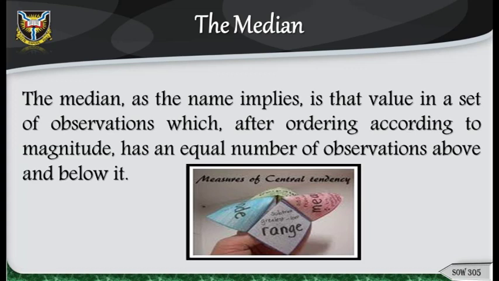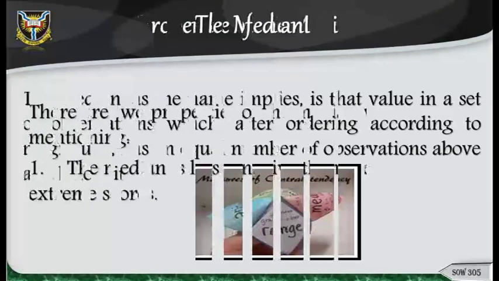This implies that 50% of the observations are above the median and the remaining 50% are below. The median is also called the fiftieth percentile. It is a backup measure of central tendency that is used in situations where the mean does not work well.